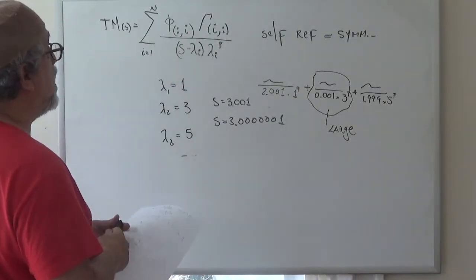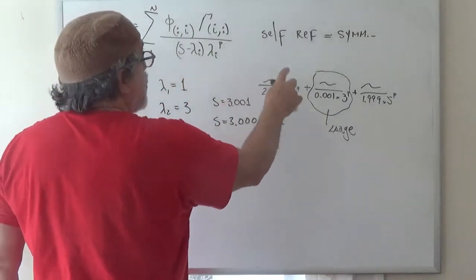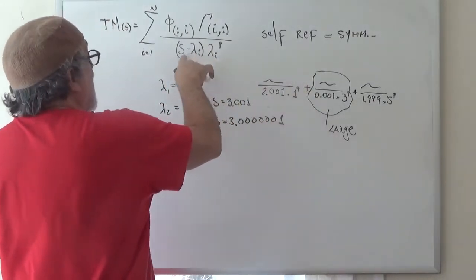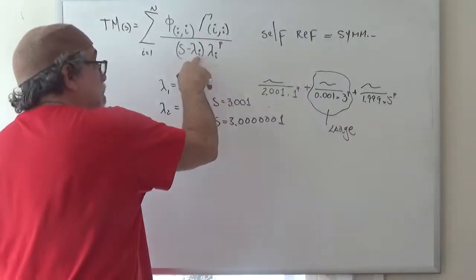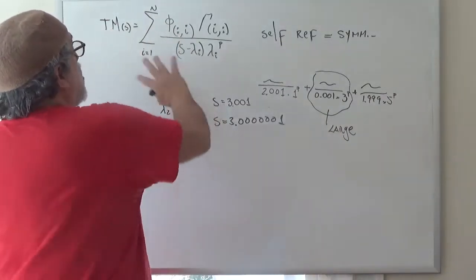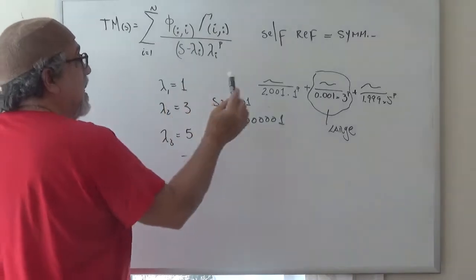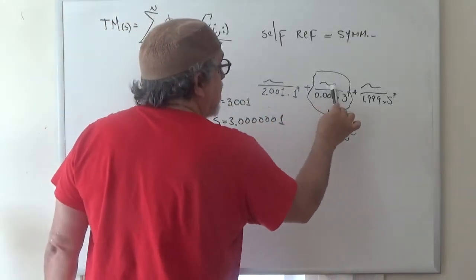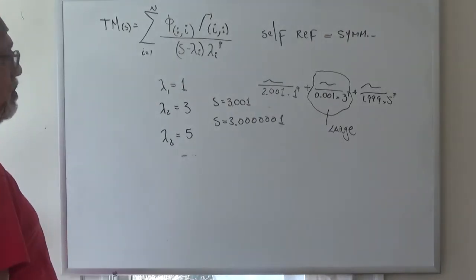The point is that when I evaluate S very close to an eigenvalue, the term that corresponds to the eigenvalue selected dominates the sum. And because the transfer matrix has to be symmetric all the time, that means that the numerator has to be symmetric independently for each one of the terms.